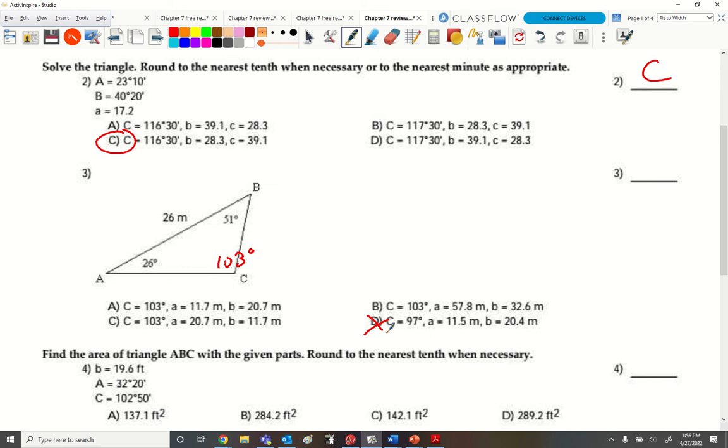B and D. Now, if little c is the biggest, which one's the next one down? B. So it ain't C, so it's A. It has to be A, because little a has to be smaller than b.